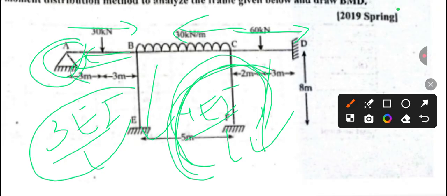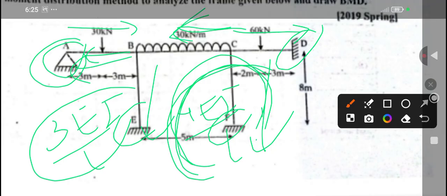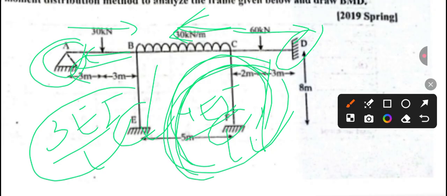So whenever there is a fixed or an intermediate support, we always apply 4EI by L for the value of K, and only in one case, the hinge support, we apply 3EI by L. Only this thing will change.